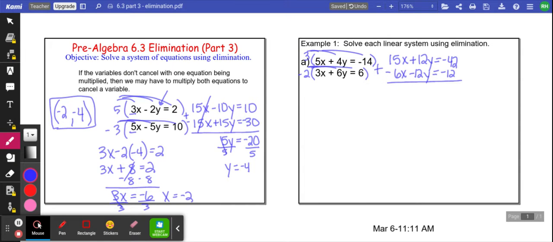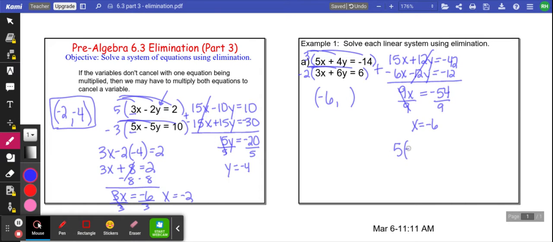Okay, big addition problem because I have my 2 that cancel. 15 minus 6 gives me 9x equals, and then this guy's going to give me negative 54. Divide by 9 on both sides, and x equals negative 6. So I have negative 6 comma something, right? And then this one is going to type back in.